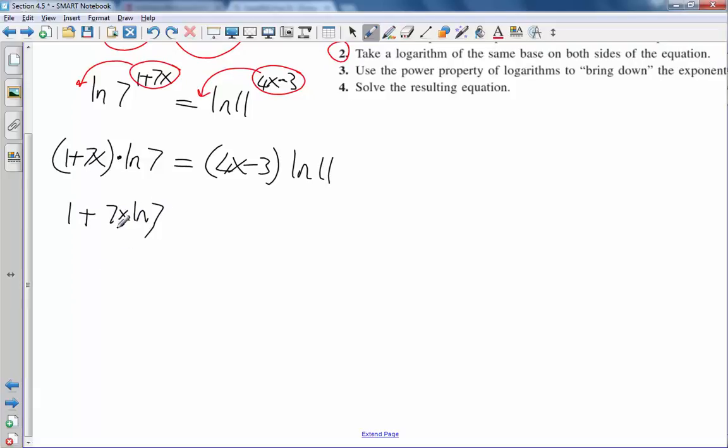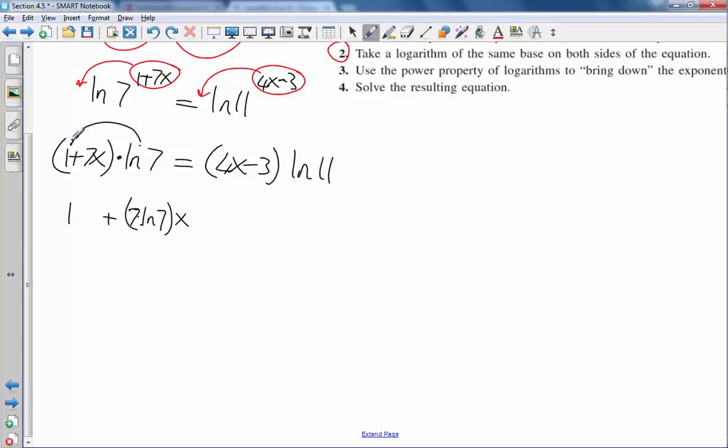Actually, I like x in front. Can I do 7 ln 7x? 7 ln 7 is the number. I'm sorry, coefficients always numbers first, then x. So this is 7 ln 7x. Am I doing it right?